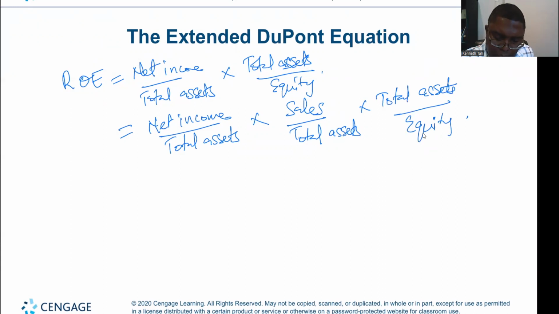So this is net income, sorry, let me cancel this. I'm breaking the first part, so this is going to be sales. So this is net income divided by sales times sales divided by total assets. I'm breaking this part because if I cancel the sales, I end up with net income divided by total assets. Then this last part remains the same.